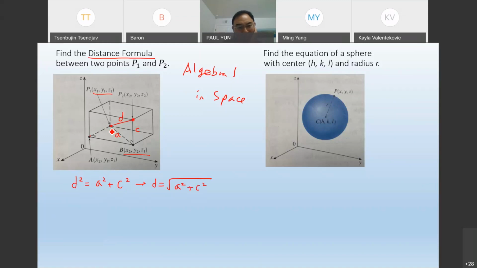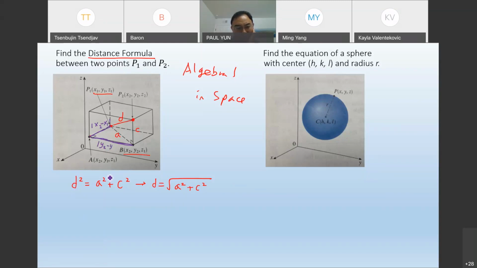What is A then? Look at this ground triangle here. If you look at this ground triangle, this side is basically x sub 2 minus x sub 1, and this is y sub 2 minus y sub 1.